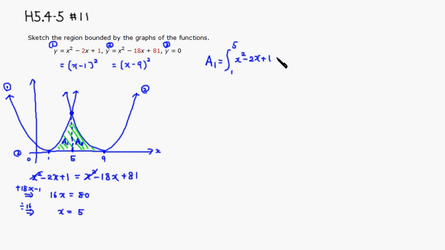You don't really have to write it, but I'll write it, minus the bottom curve, 0. So you do dx. Then we just have to evaluate that. So it's going to be equal to, all right, the antiderivative of x squared would be x cubed over 3 minus 2, and x squared over 2.